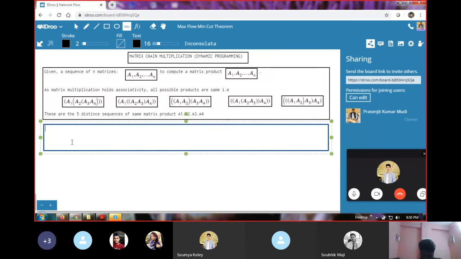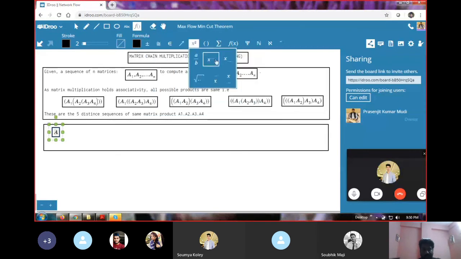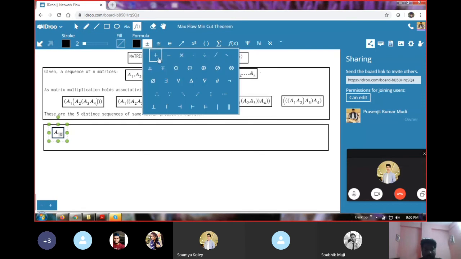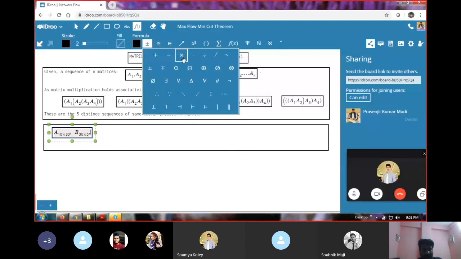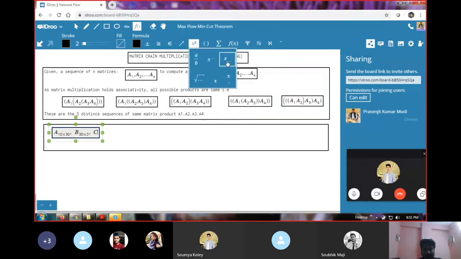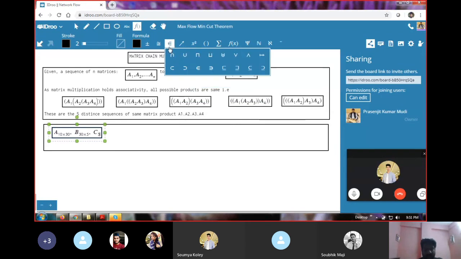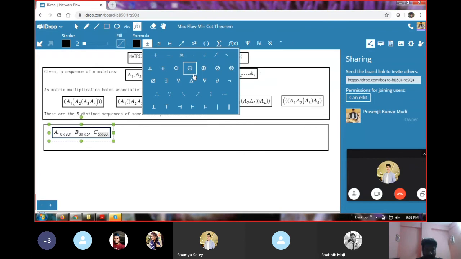Let A have dimension 10 cross 30, then B has dimension 30 cross 5, then C has dimension 5 cross 60.